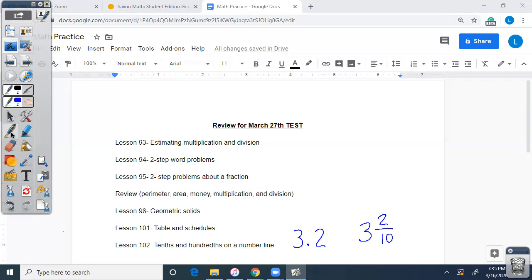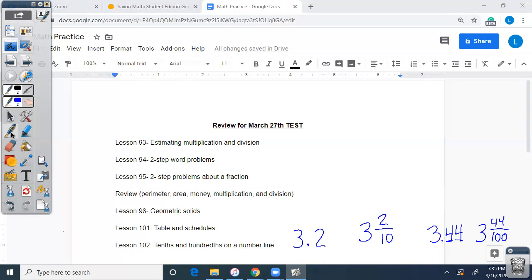So you need to know that those two numbers are the same thing. And you need to know how to get from one to the other, right? Another thing you might need to know, if it was 3.44, you need to know, oh, so that's 3 and 44 hundredths, not tenths, because this is the tenths place, that's the hundredths place, okay? So those are all the things that you need to know for your test.